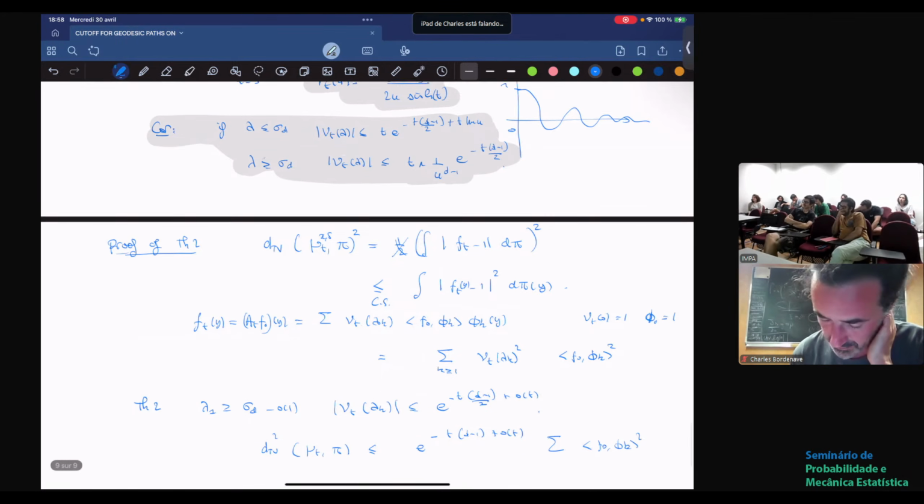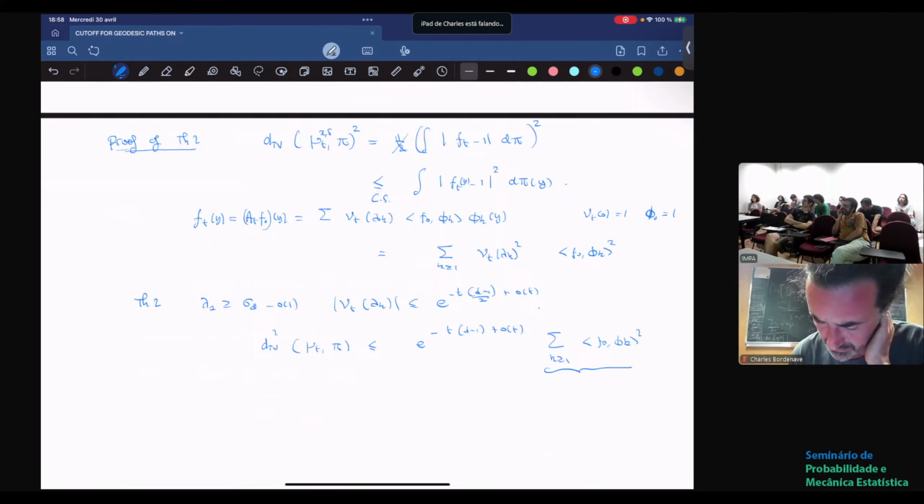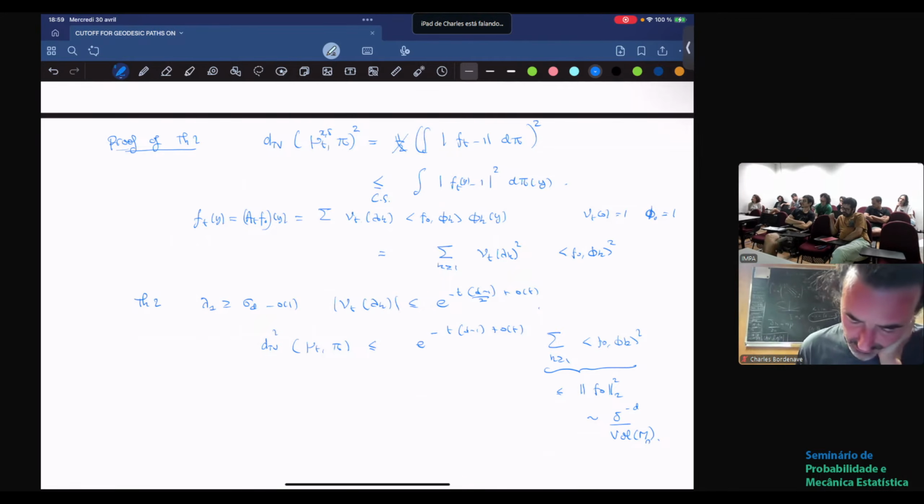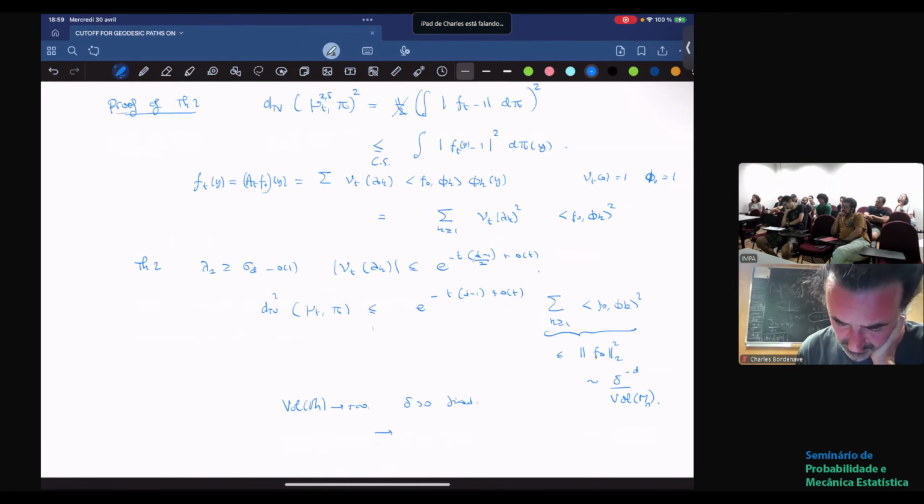Okay, but now you can recognize this is certainly less than the L2 norm of f_0, which, if you make the computation correctly, is of order delta to the minus d over the volume of M. And now you deduce that, if the volume of M_n goes to infinity and delta is fixed, you will have this distance go to 0, as t goes to infinity.